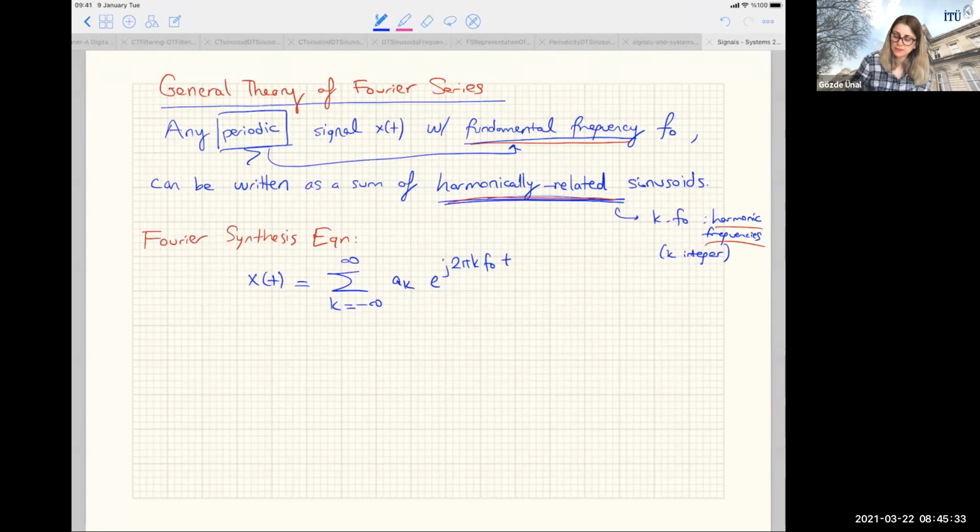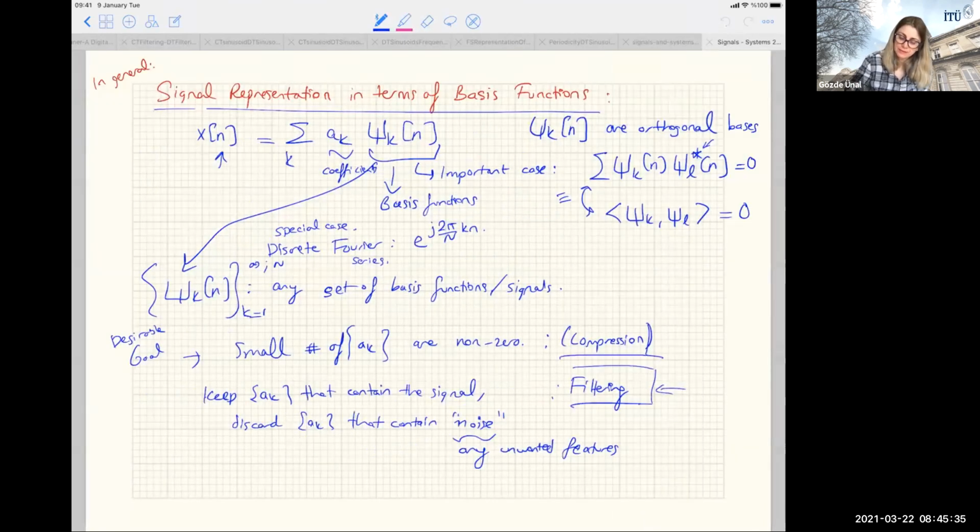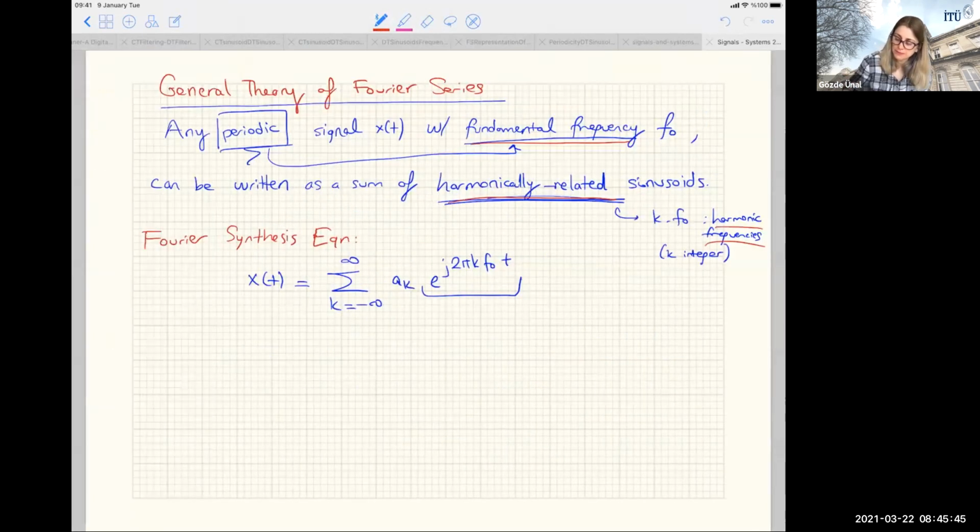Just remember the signal representation I wrote to you. The basis function is the same; I wrote it in discrete time, but it's the same idea. Basis function phi k, psi k, here this is the psi k. This is the continuous version; it was psi k of n there. These are the coefficients, the Fourier series coefficients.